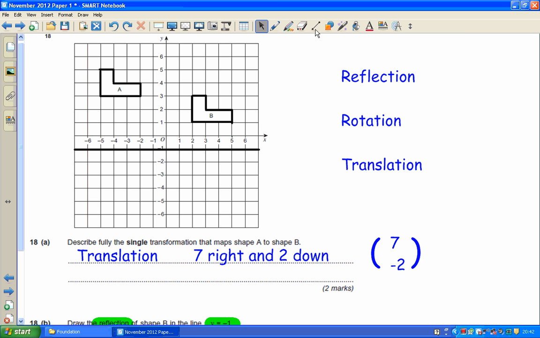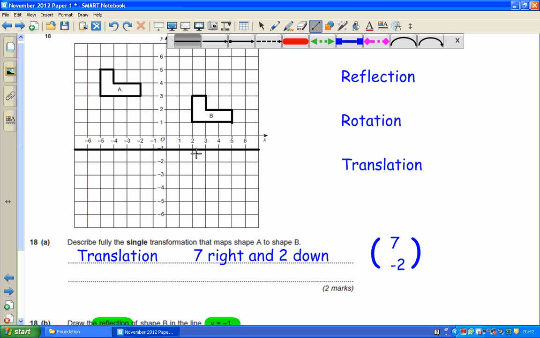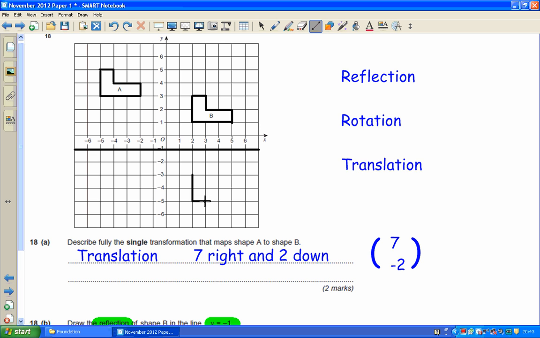So for the reflection, that's 2 up, so we're going to go 2 down, and then that is our shape that's been reflected over. Like so.